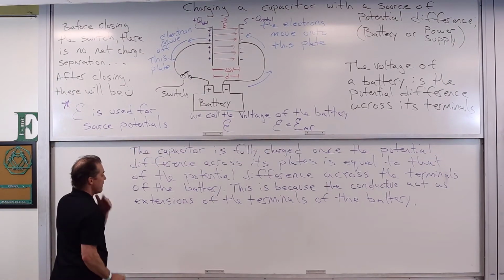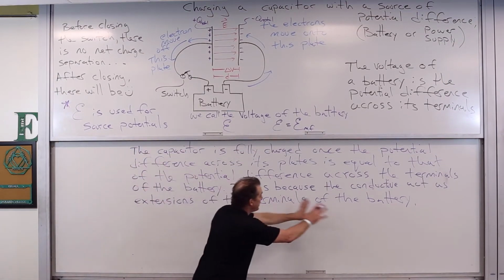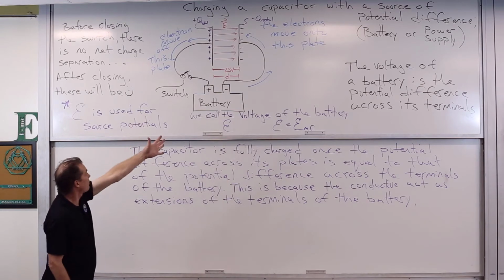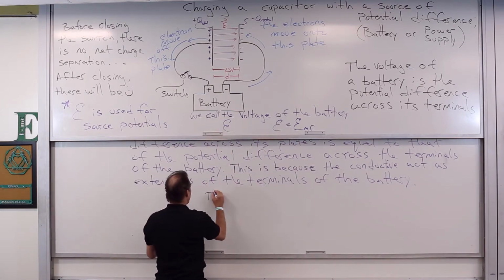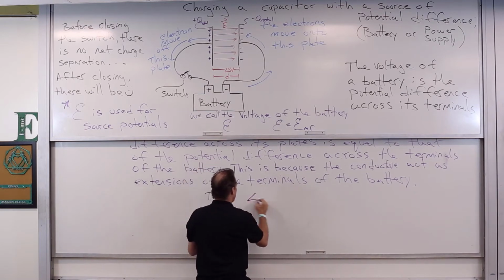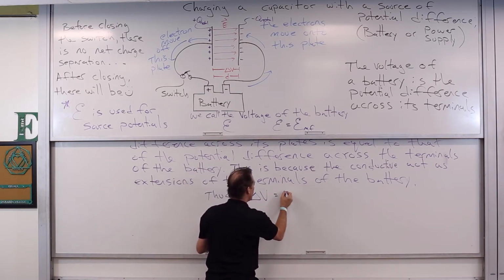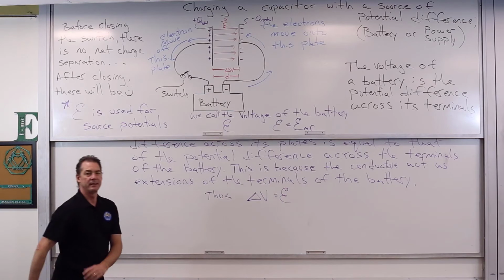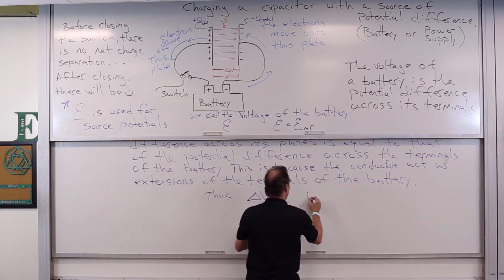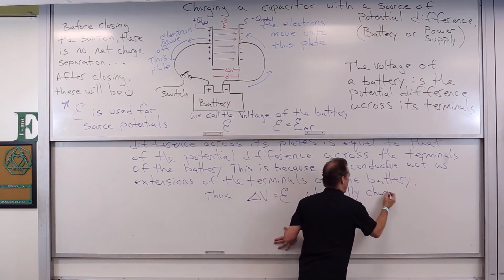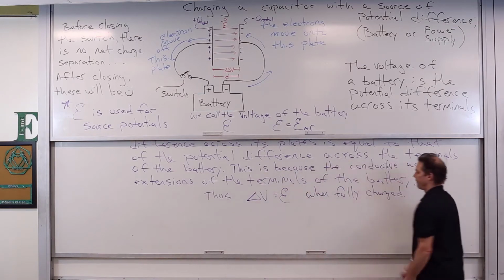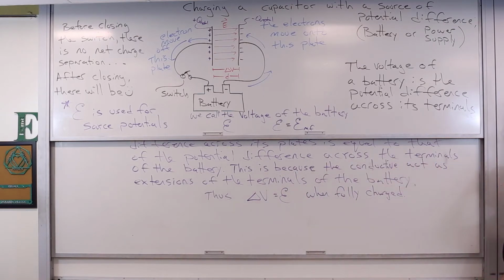All right, so when it's fully charged, the plates act like extensions of the battery. Thus, delta V is equal to that script E when fully charged. So what does this give us?